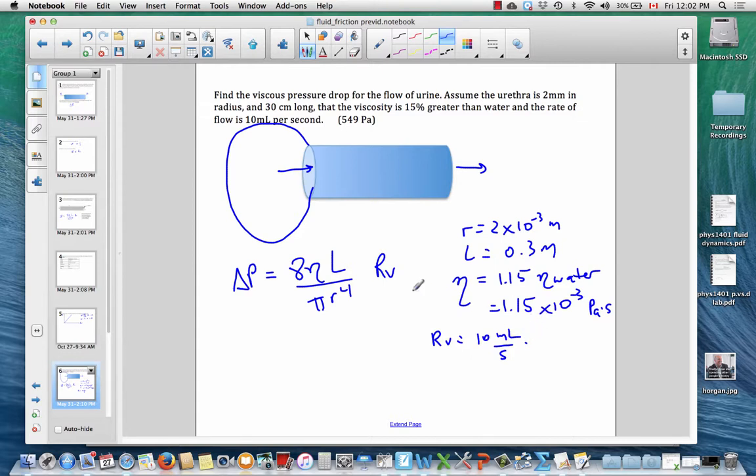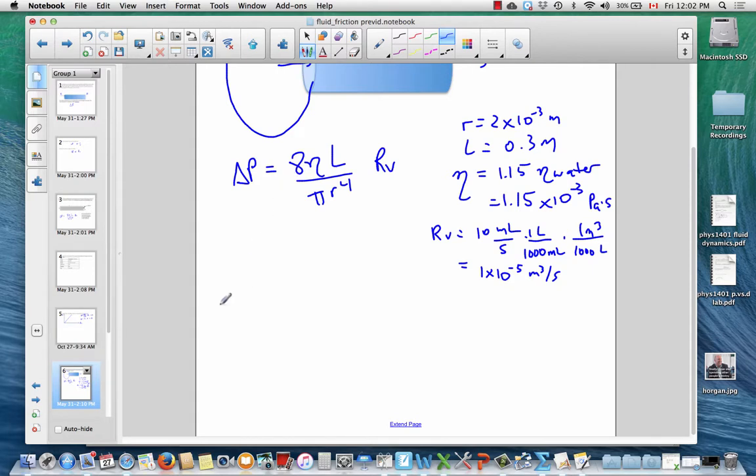Now in order to do calculations with meters and pascals, etc., this needs to be in cubic meters. So first we'll convert to liters. A liter is 1,000 milliliters, and then we need to convert again to cubic meters by dividing by 1,000 again. So the answer is this is 1 times 10 to the power minus 5 cubic meters each second.